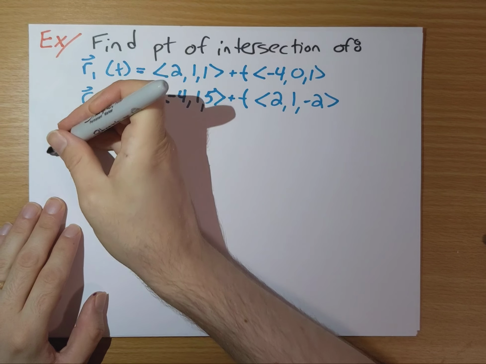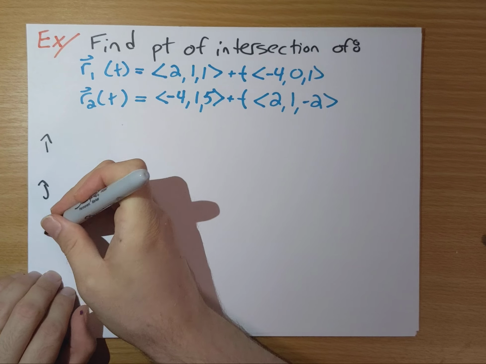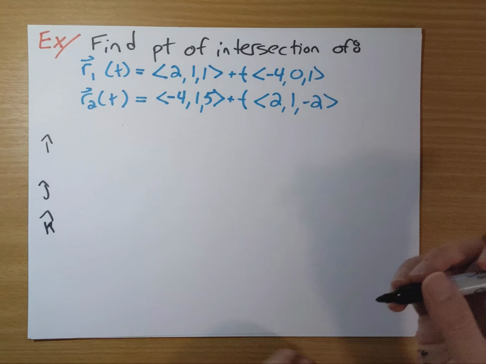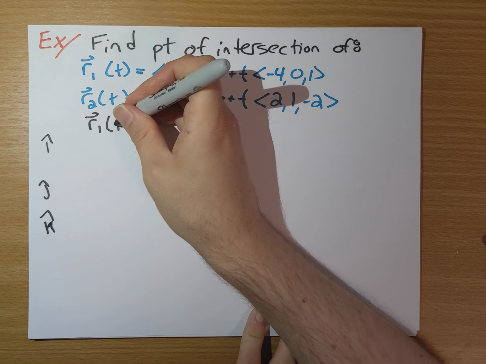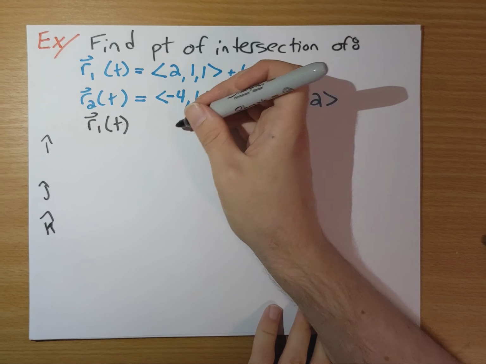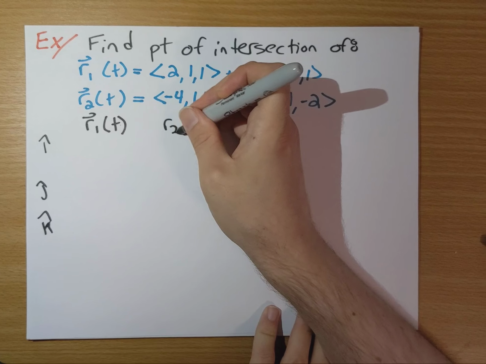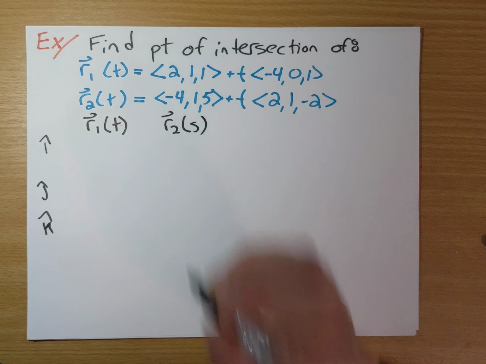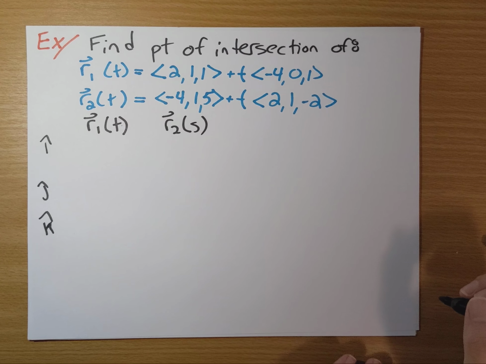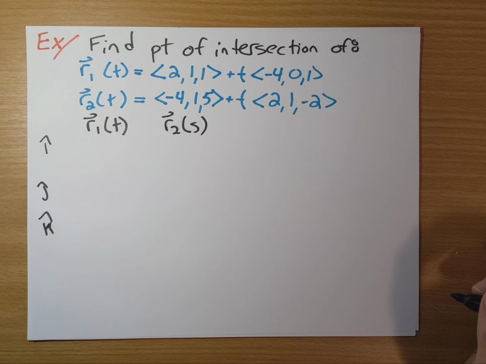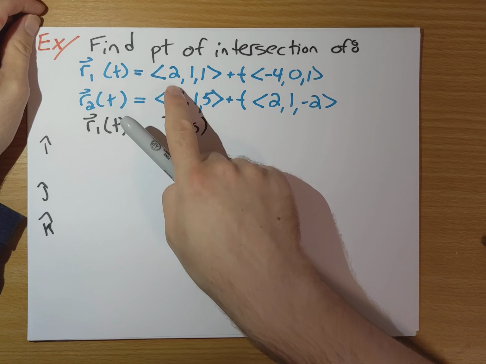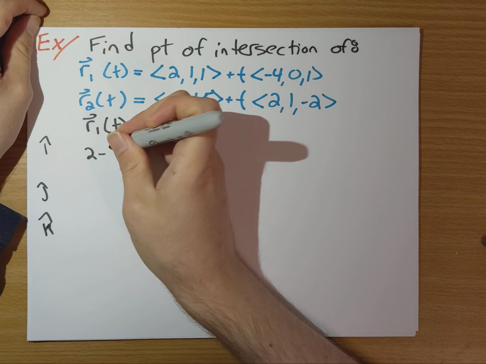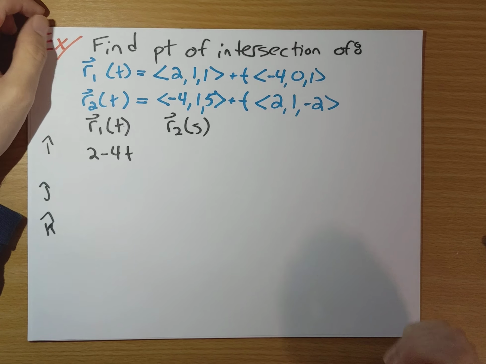So let's set up our system of equations just as we did before. And so I'll have R1 of t, and I will have R2, let me use a different letter here, let me use R2 of s here. So t and s are going to be my variables. R1 of t is going to be 2 minus 4t, and that will be the I hat component.